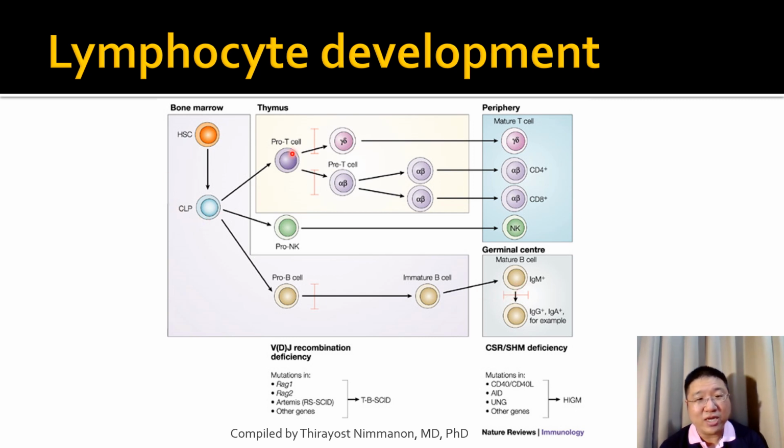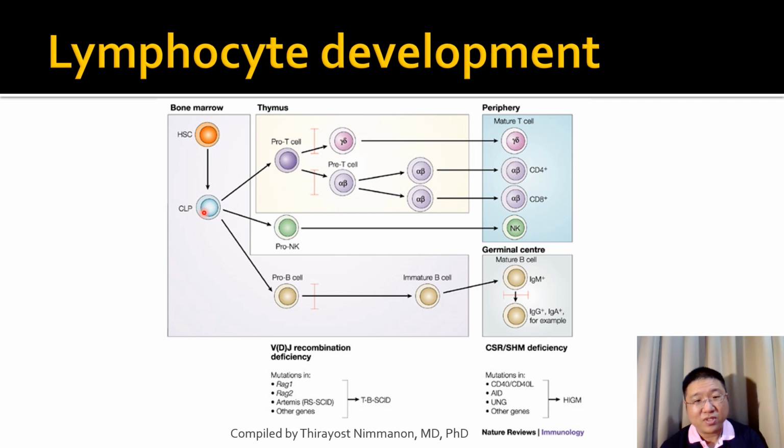For the T cell lineage, the cells will migrate to the thymus and develop there. So the thymus is the kindergarten or maybe the school or university of the T cells. And the T cells will develop into gamma delta T cells and alpha beta T cells. For alpha beta T cells, these cells will develop into CD4 and CD8.